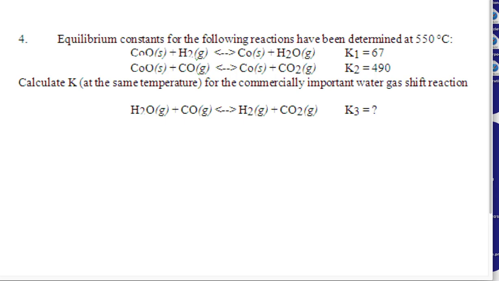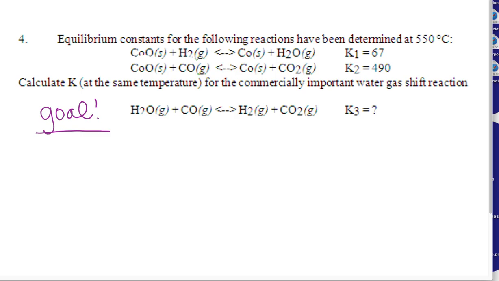So this is what I term the goal equation. We're looking for the K of this equation, and we can manipulate those two equations in any way, shape, or form. When you're given multiple equations to pick from, it's probably a matter of adding those two equations up. But we need to make sure they're in the right direction, or have the right coefficients and all that stuff before we actually do the adding.